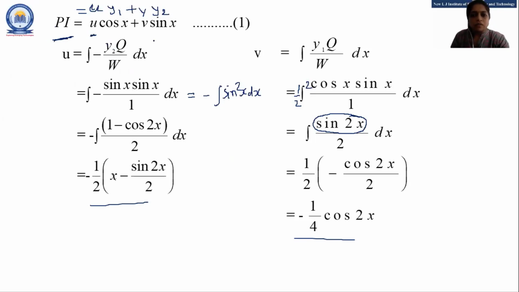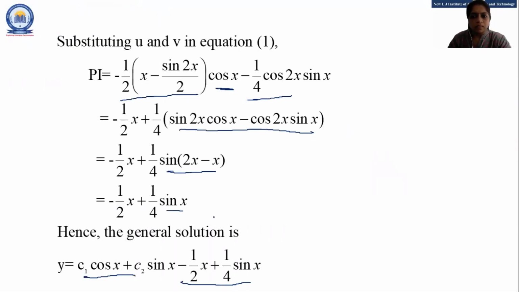So after substituting this U and V in PI and after simplifying, this is the value of U, this into cos x, this value of V into sin x, and after simplification, you will get this final answer.